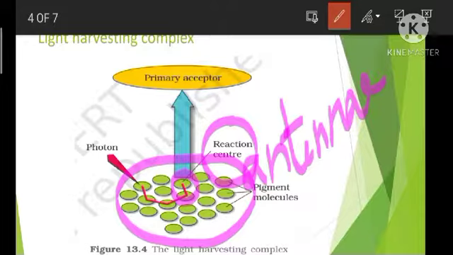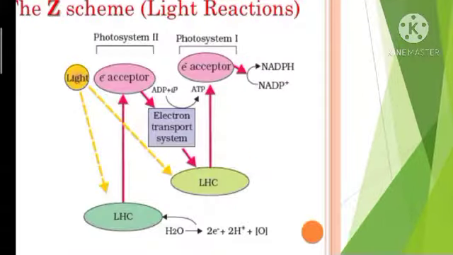While in photosystem 2, the chlorophyll A has the absorption maxima at 680 nanometer wavelength, and so this pigment is said to be P680. Now we can see how the light reaction takes place.